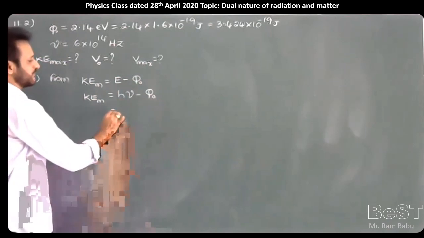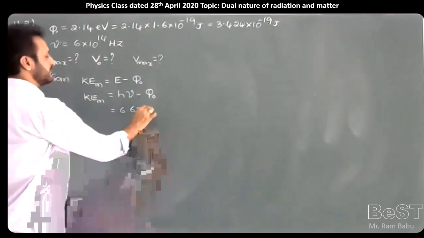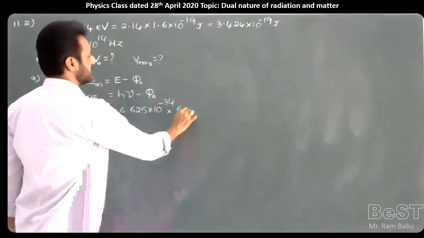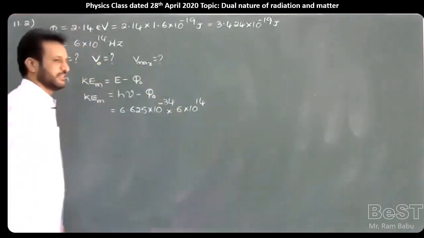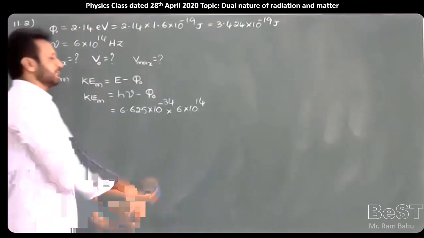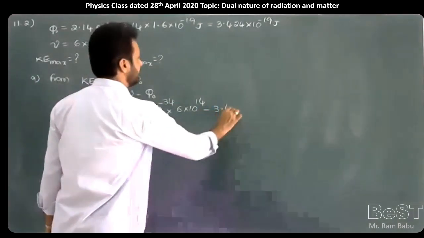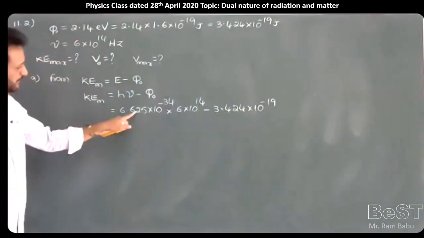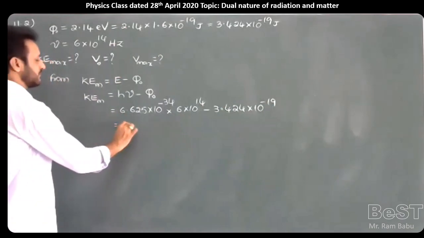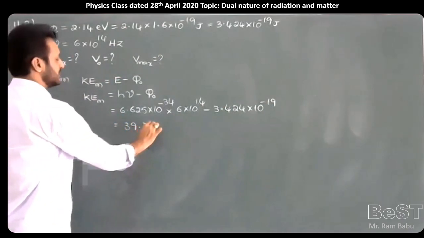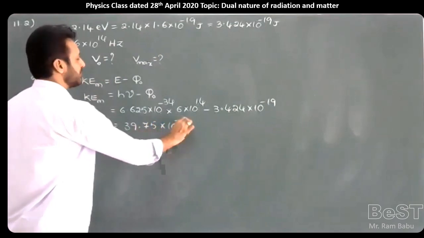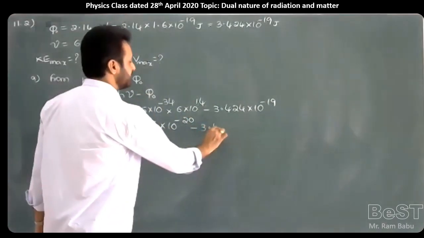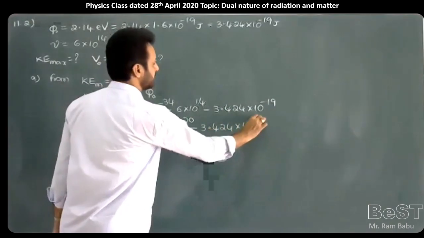Now I'll substitute the values. 6.625 into 10 to the power of minus 34, into the given frequency 6 into 10 power 14, minus the phi naught value 3.424 into 10 to the power of minus 19. Now we multiply these two values: 39.75 into 10 to the power of minus 34 plus 14, that is minus 20, minus 3.424 into 10 to the power of minus 19.